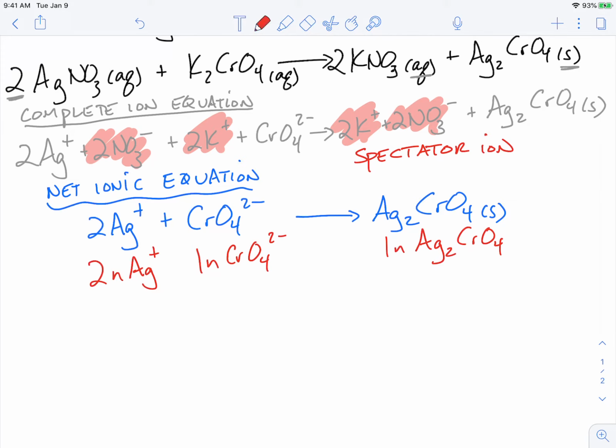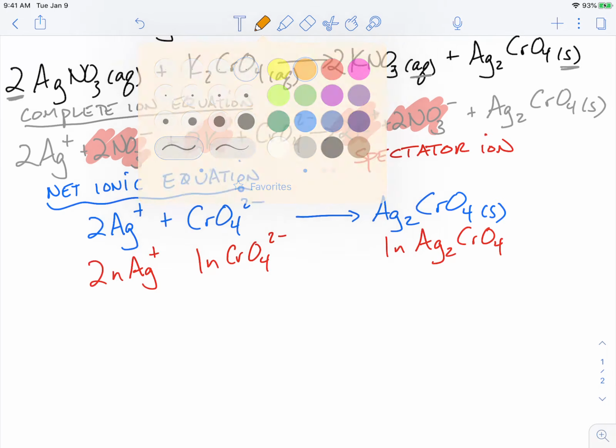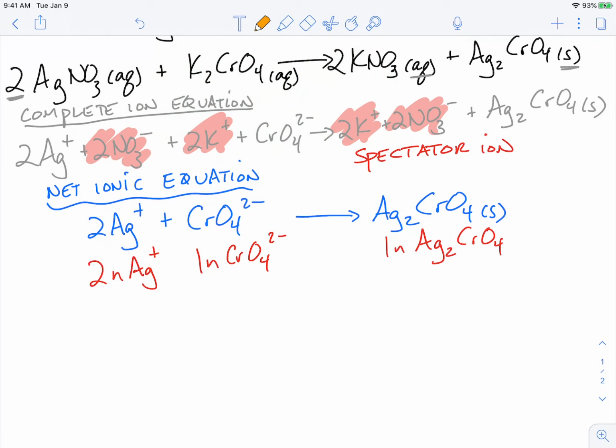So what we now need to do is look at how much we actually added. So we had 5 milliliters of a 0.1 molar silver nitrate solution, and then we also had 5 milliliters of a 0.1 molar potassium chromate solution.